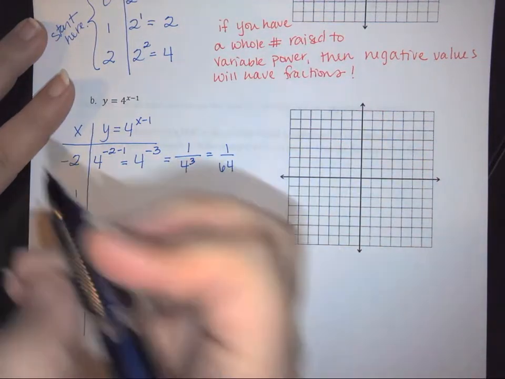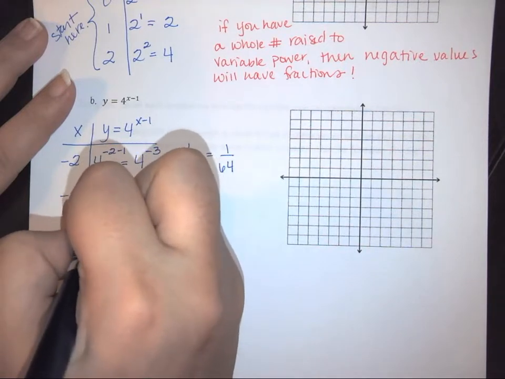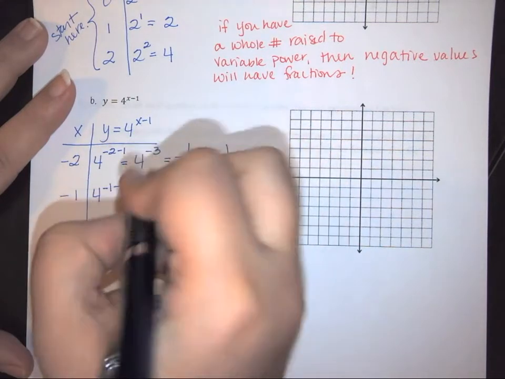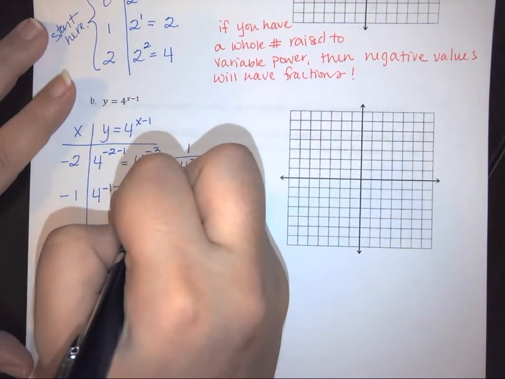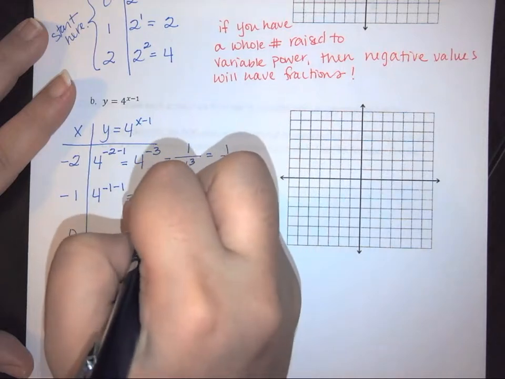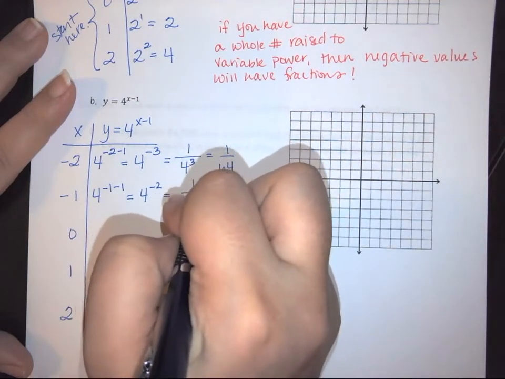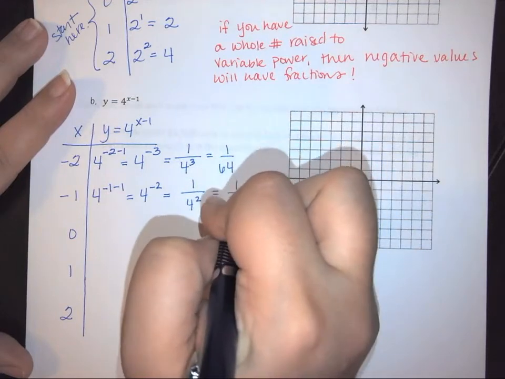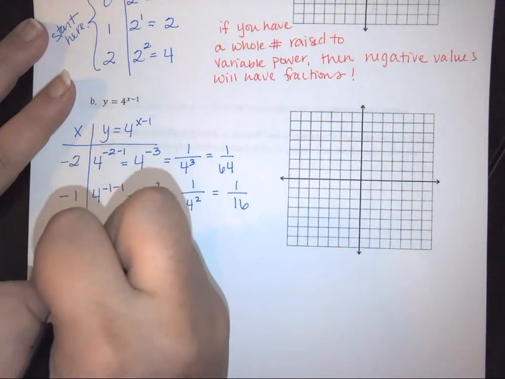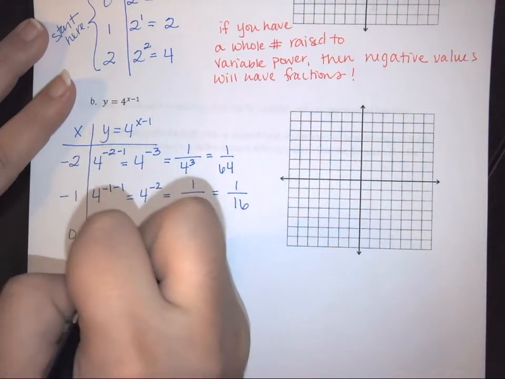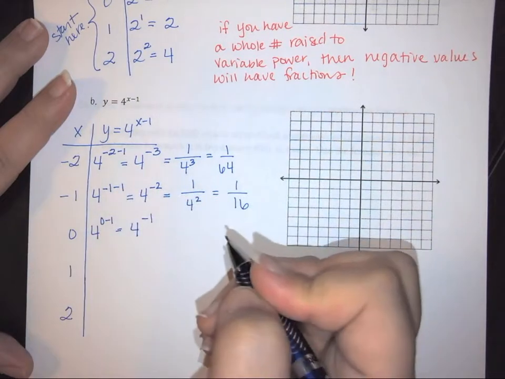Now I need to repeat the process. So 4, this is -1 minus 1. So this is going to be the same as 4 to the -2. I need to make it positive, so 1 over 4 squared, and 4 squared is 16. Here I have 4 to the 0 minus 1. So this is the same as 4 to the -1st.